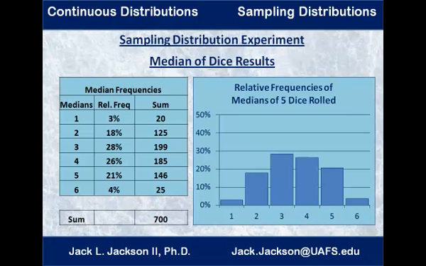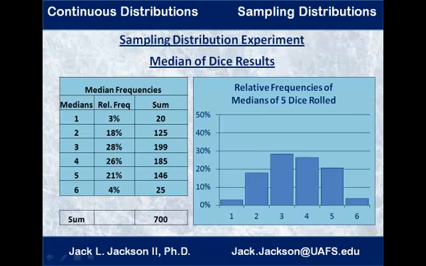It's a lot more likely to only get 2 or fewer 1s, which would be a higher number for the median. Similarly, to get a median of 6, you'd have to have at least 3 6s. Again, that's going to be a little more rare. But it's very, very common to get these numbers in the middle, a 3 or 4, because there are lots of different ways you could get that.